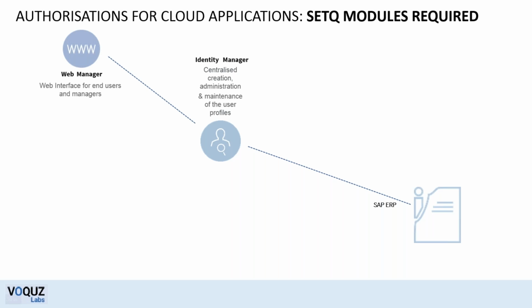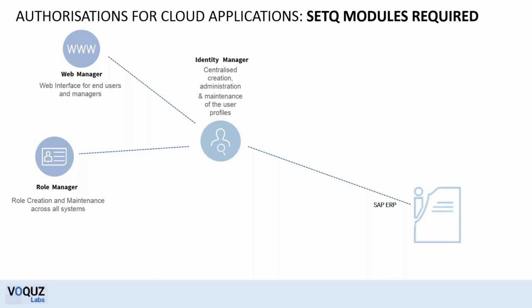Together with the Web Manager, we have a web interface for both the end users and the managers, the authorization managers. It's a far simpler, much more user-friendly way to access the user elements from a compliance perspective. There's a whole lot of easy-to-use tiles, and we'll show you how the Web Manager works in context.